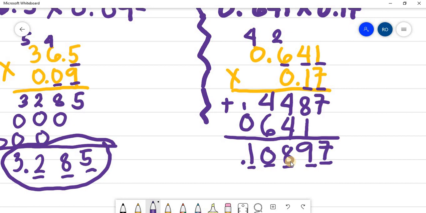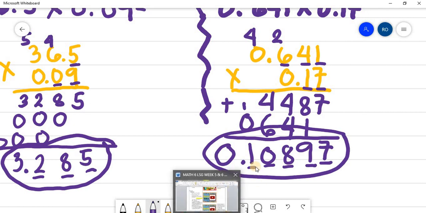Then we have to add 0. So our answer is 0.10897, or 10,897 hundred thousandths. So this is our product.